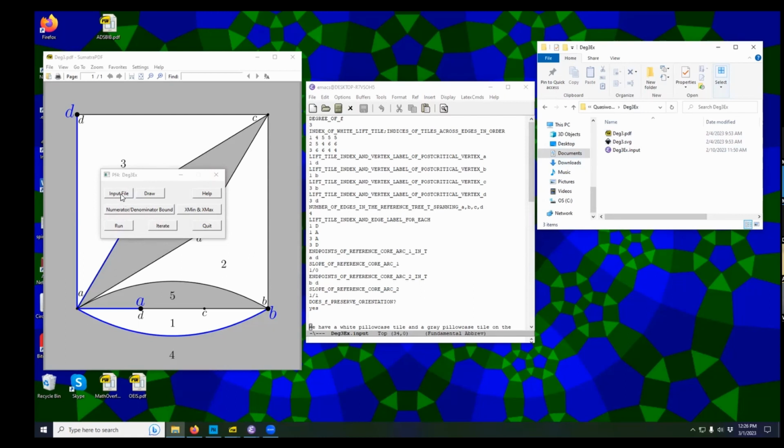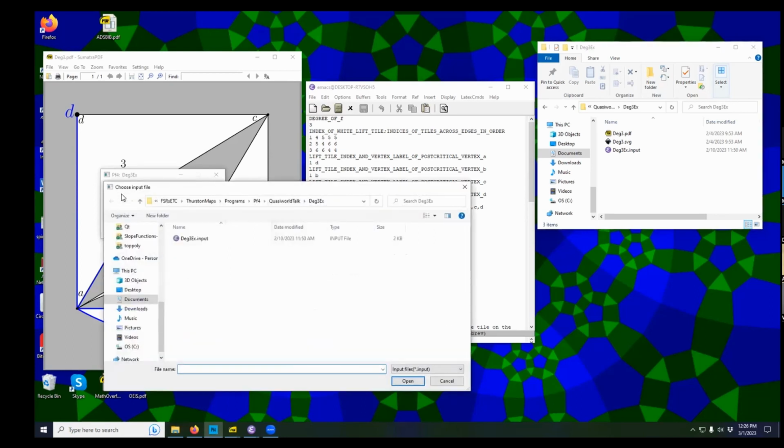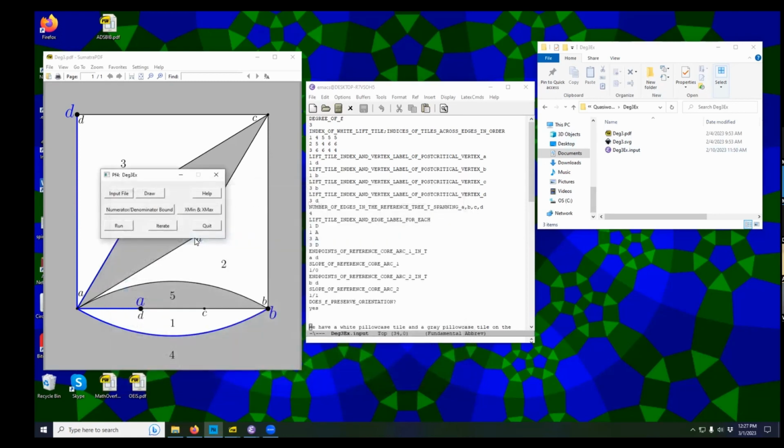In order to run the program on our input file, we click on the input file button, and now we navigate to this folder. By some coincidence, we're already there. So we want to open this folder. Oh, and now we want the file name. I'm supposed to click on the file name. Okay. So now the program has the file and we can run the program.